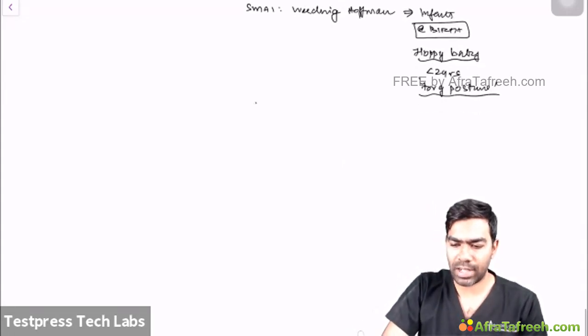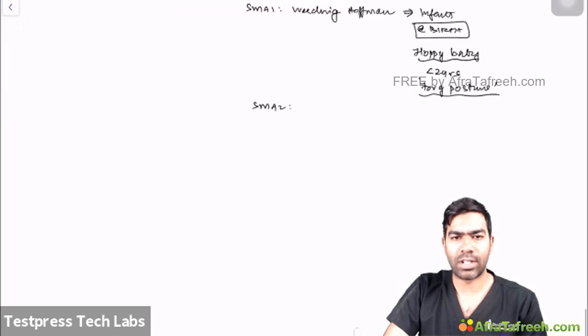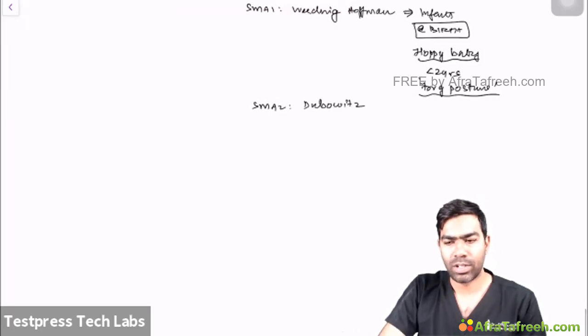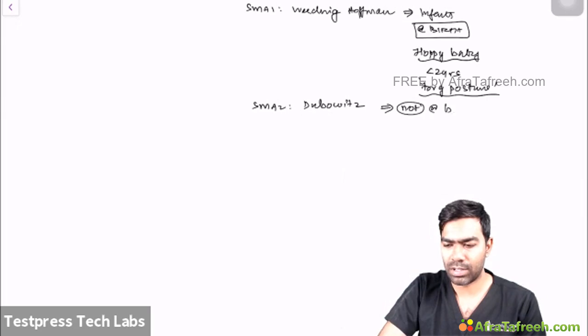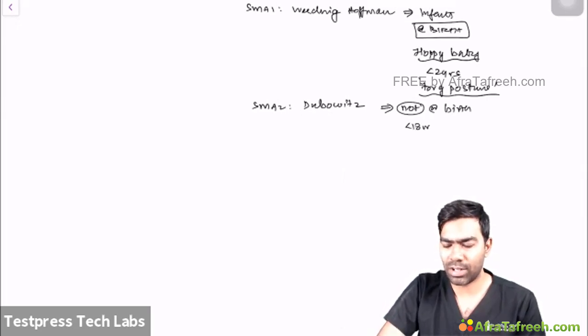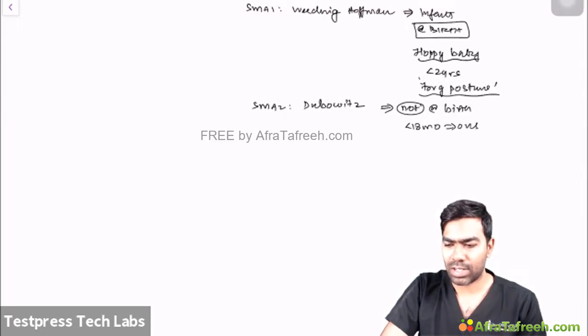Then we have SMA type 2, which is referred to as Dubowitz disease. Usually it will not present at birth, definitely not at birth, but it will start somewhere in between. Within 18 months, they will start getting the disease, but definitely not present at birth.